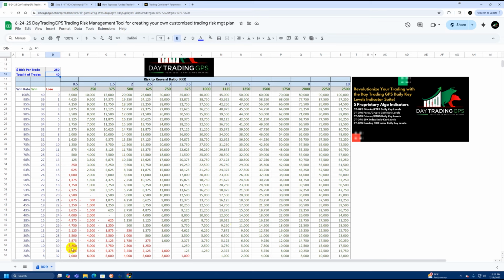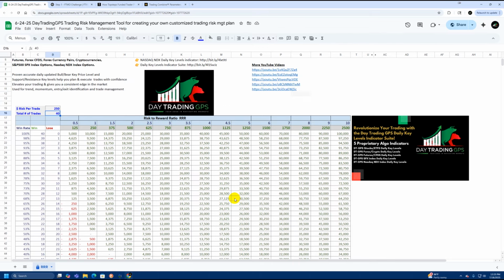And taking it down one step further, with only a 20% win-loss ratio, you would need to use a 9-to-1 risk to reward ratio to reach the $10,000 goal over that time period.